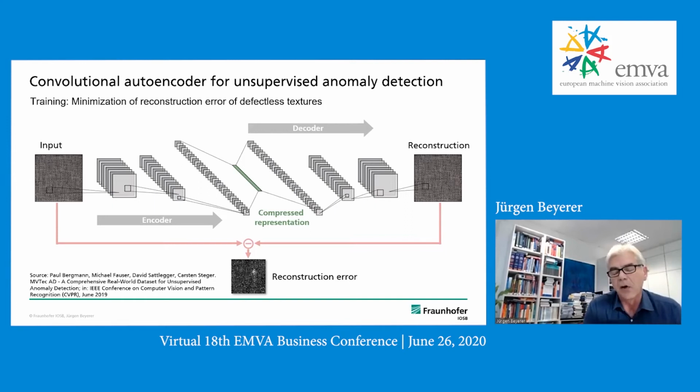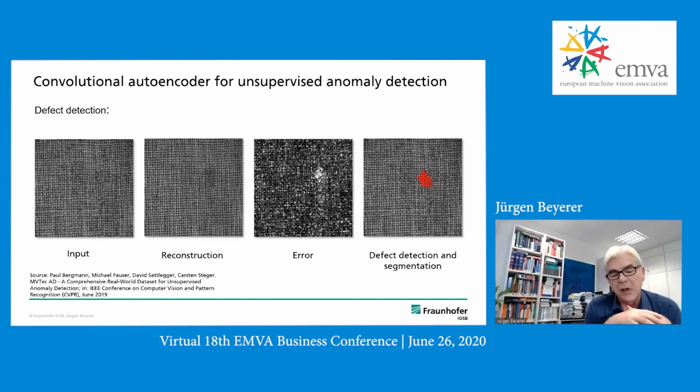And so the network works later on as a filter that lets pass all the components of defectless texture. And then if we show to the network defective parts, as you can see here as an input, then you have a difference in the reconstruction because the network doesn't know the defects.